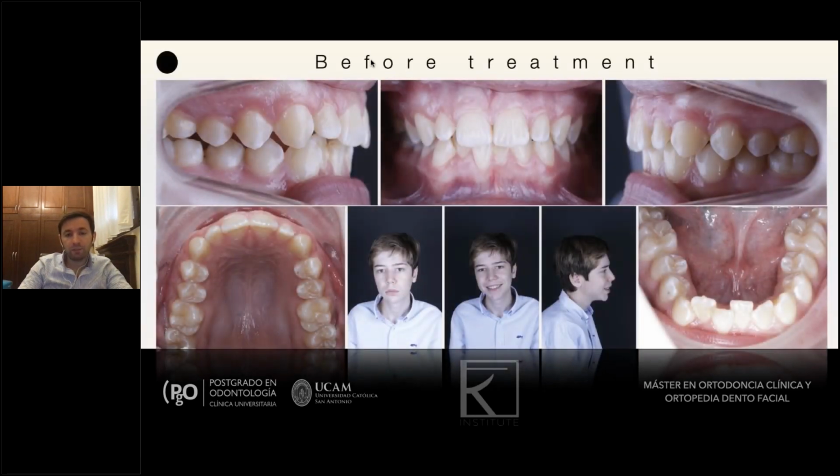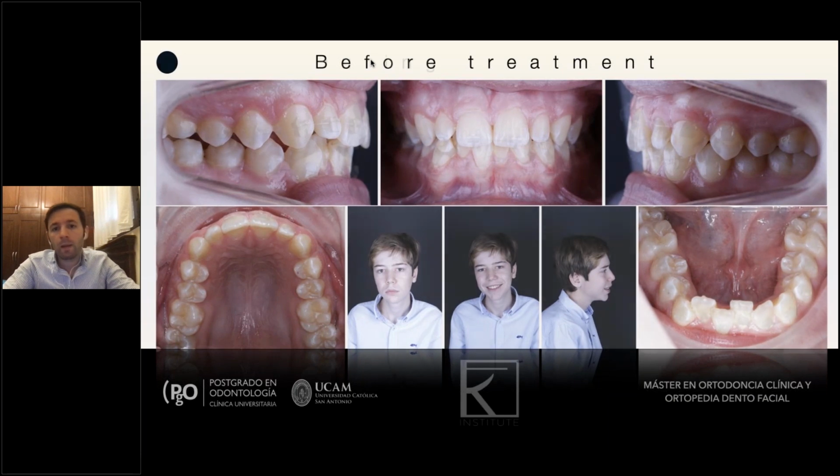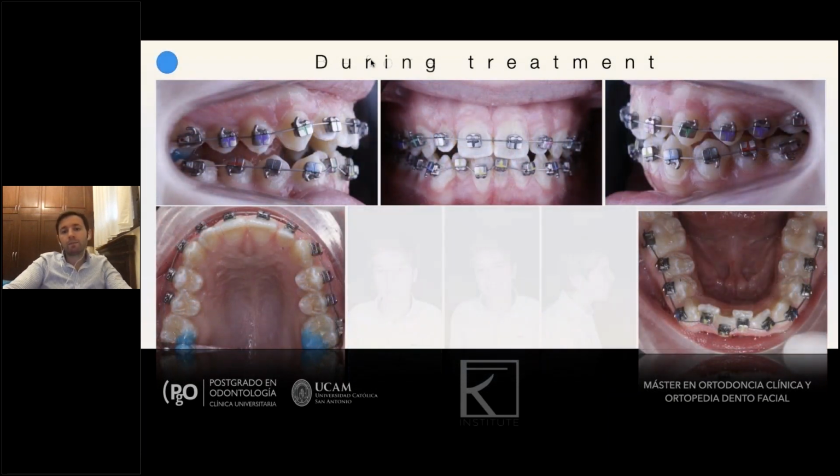Look at this patient. This is not a difficult patient, as you can see, but he was my first 3D patient, my first technology patient, as I can say. Why? Because I did my 3D diagnosis, and I did indirect bonding as well.